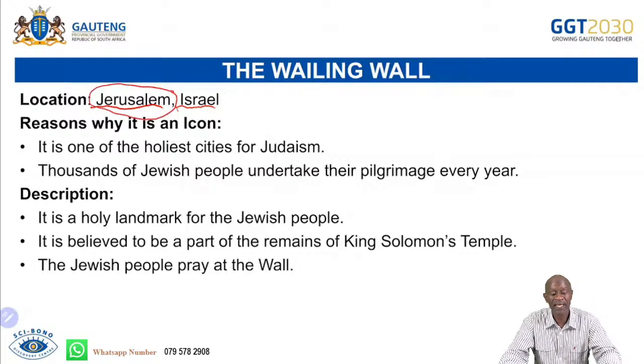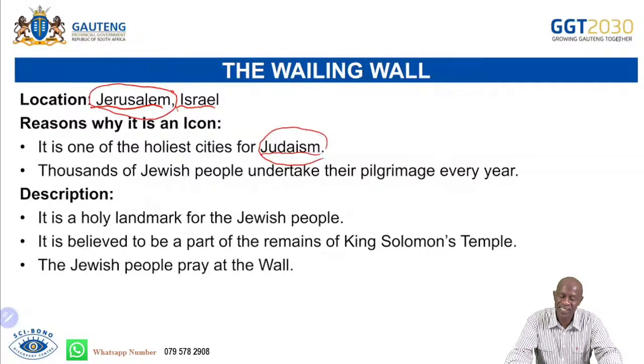The reason why it is regarded as an icon, it is one of the holiest cities of Judaism. The first one was for the Islams, and it is the holiest place for the Muslim community. So this one is holiest for another religion, that is Judaism.